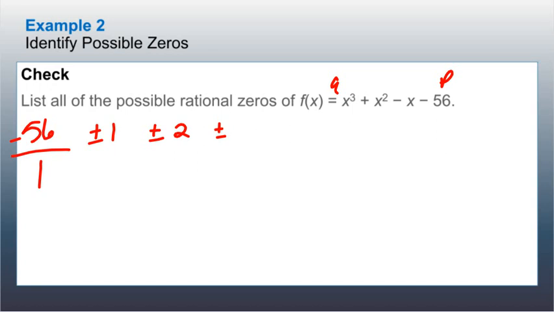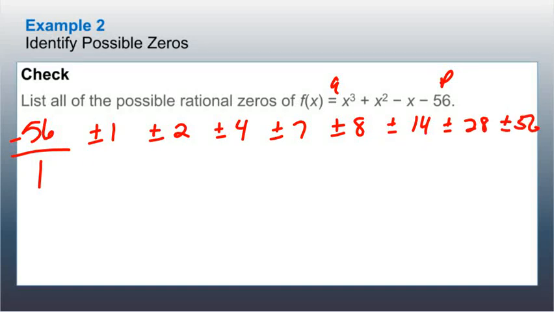56 divided by 4 is 14. So we have positive negative 4, positive and negative 7, positive and negative 8, positive and negative 14, positive and negative 28, positive and negative 56.